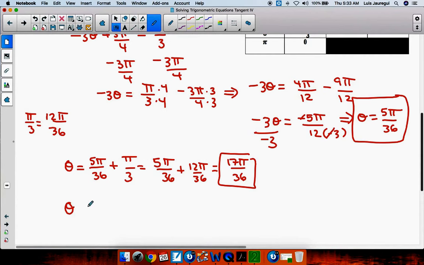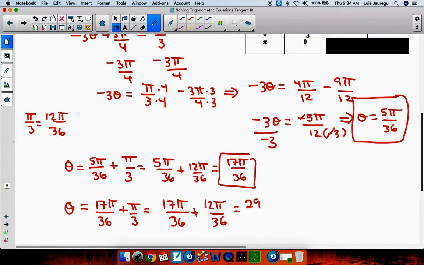Next, we take the 17 pi over 36, and we're going to add the pi over 3, which is a period. So this becomes 17 pi over 36 plus pi over 3, which we said was 12 pi over 36. And this is now 29 pi over 36. So that's another angle that satisfies this condition.